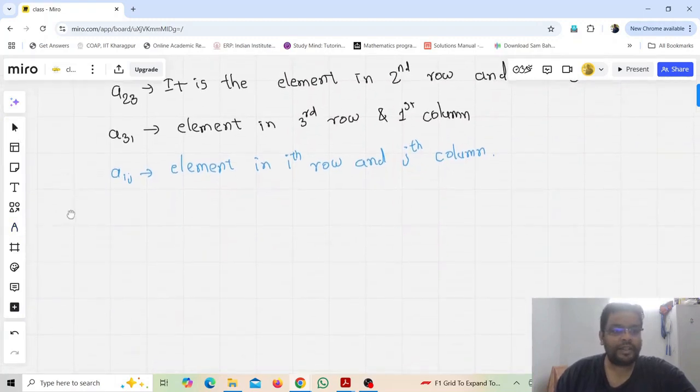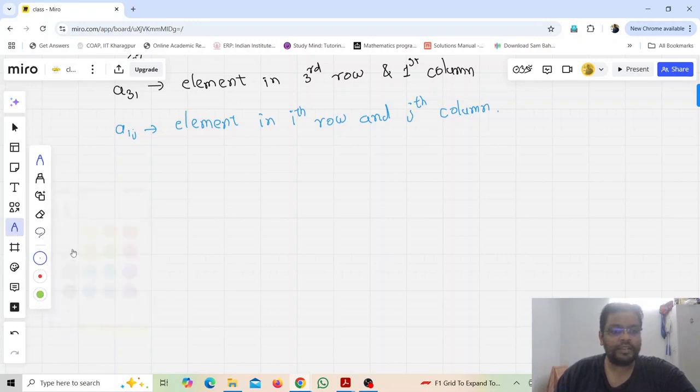Now let's consider one example where we'll be constructing a matrix based on given condition.